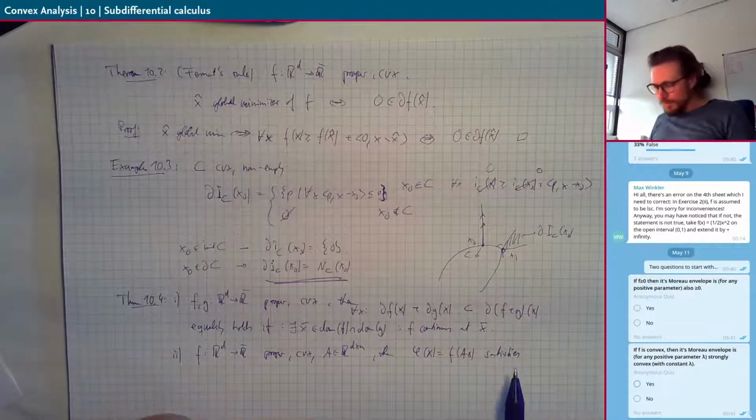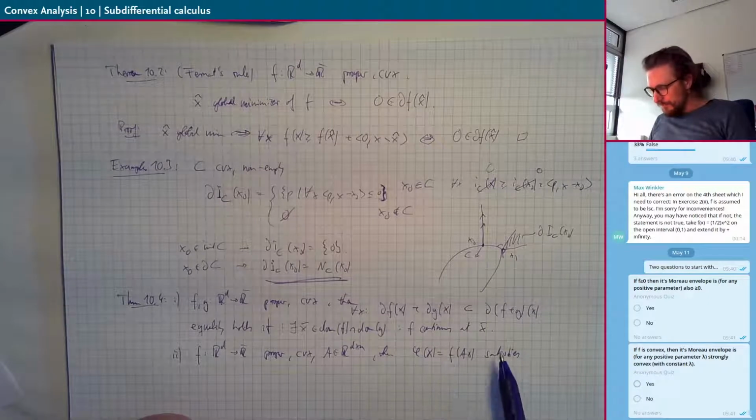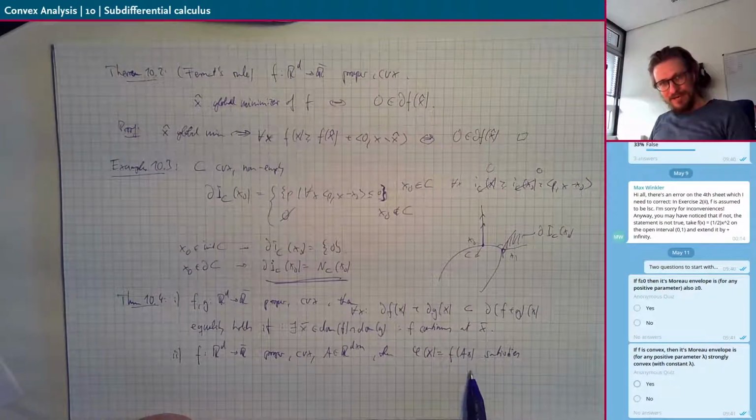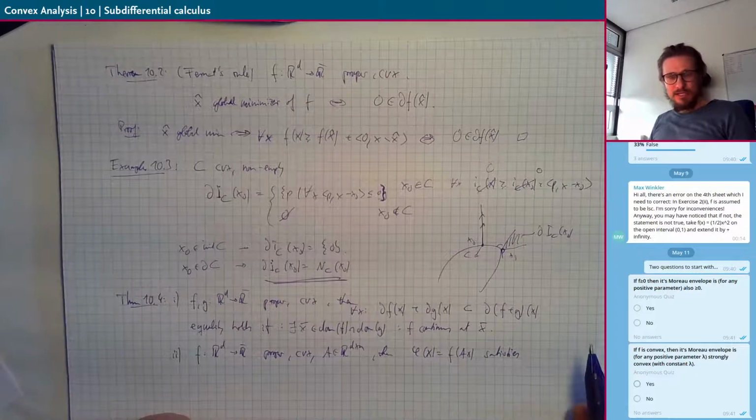For the gradient you would know what happens: if f is differentiable, then the gradient of phi would be A transpose times the gradient of f at Ax. That's the ordinary chain rule.